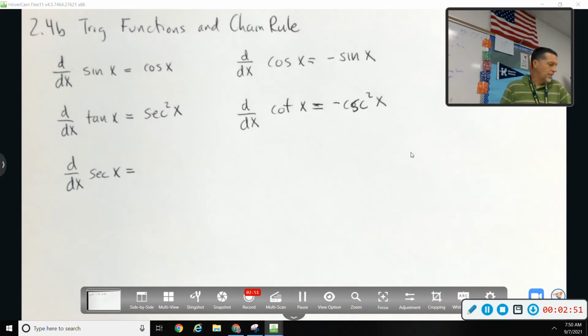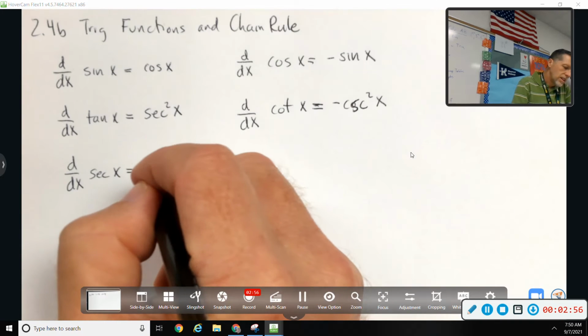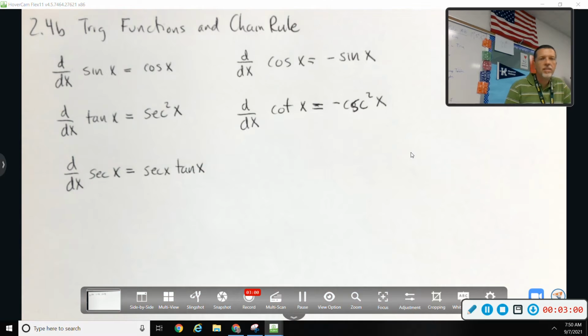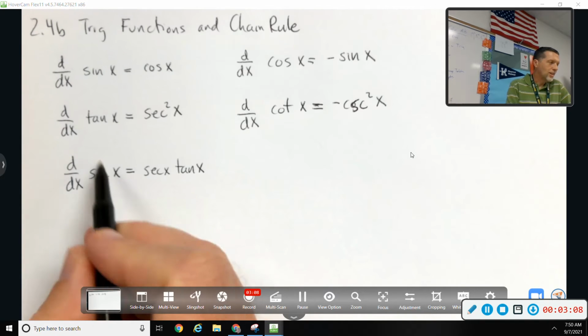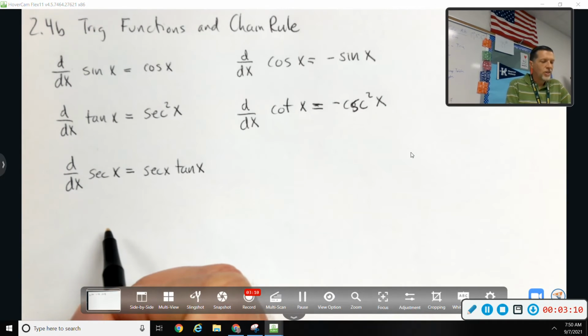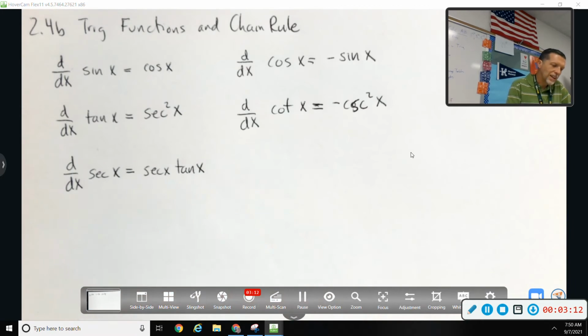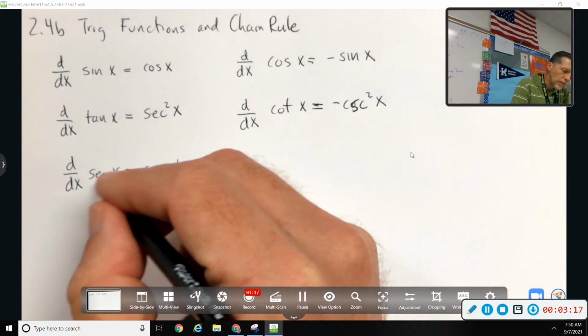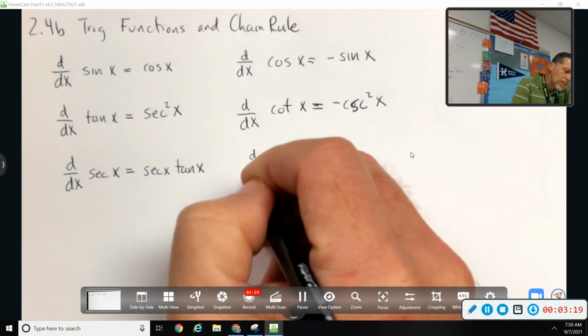And then lastly, the derivative of secant is secant x tangent x. That's another one where you could derive that if you wanted to. You'd rewrite secant as 1 over cosine, do the quotient rule, and eventually land there. Most people don't do that. They just memorize derivative of secant is secant tangent.